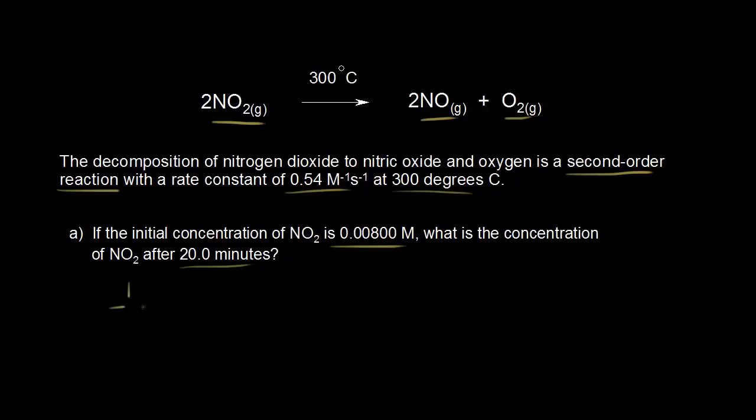And that was 1 over the concentration of A minus 1 over the initial concentration of A is equal to the rate constant K times the time. So this is one form of our integrated rate equation. And let's think about what we're going to plug in here. We're trying to solve for the final concentration of NO2.